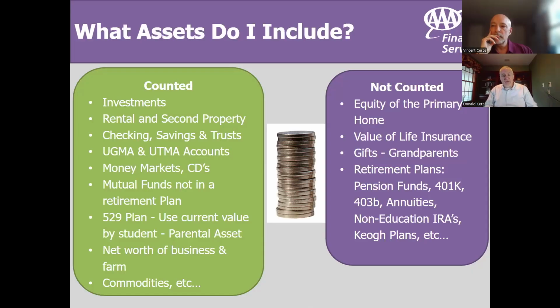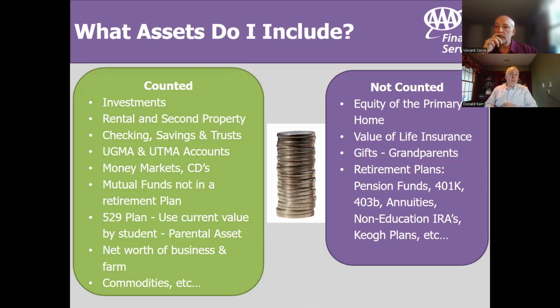Checkings and savings and trusts. Don't see these too much anymore, but universal gift to minor and universal transfer to minor accounts, money market CDs, those types of things you may have access to, kind of a liquid asset, so to speak.